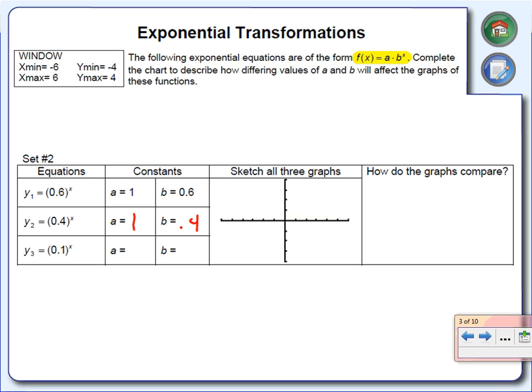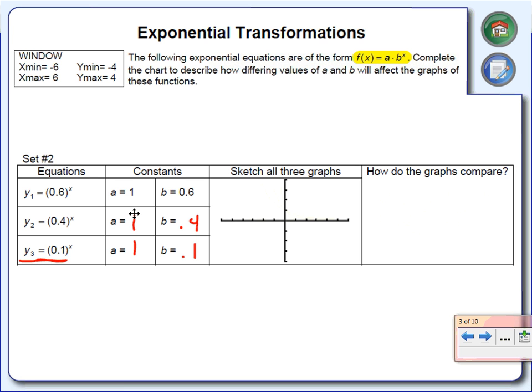What's the number in front of the 0.1? I want to know what is in front of my 0.1 to the x power. A 1. Our b value is the 0.1. All right. Make sure you get that in your calculator, and let's take a look at the graphs.